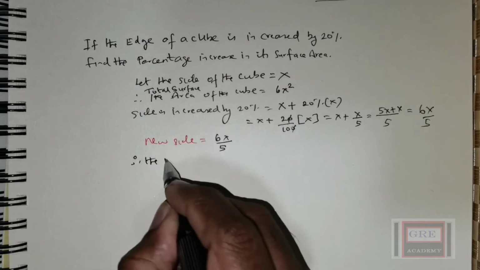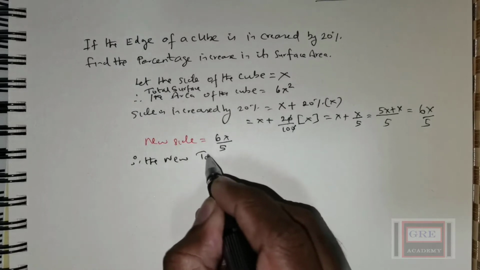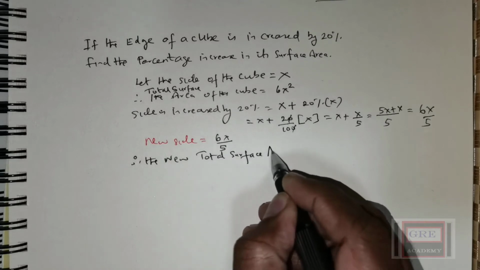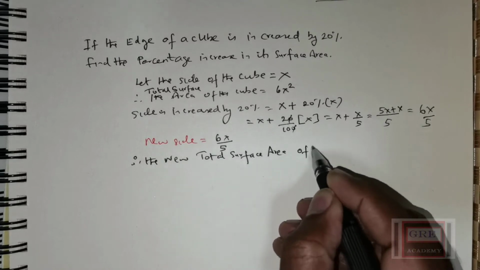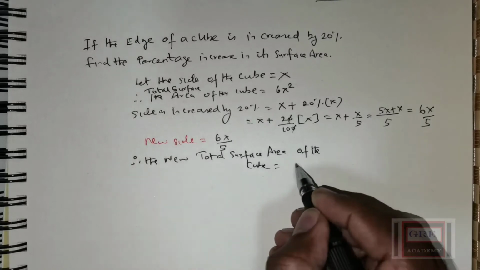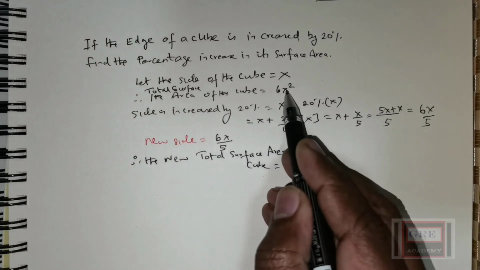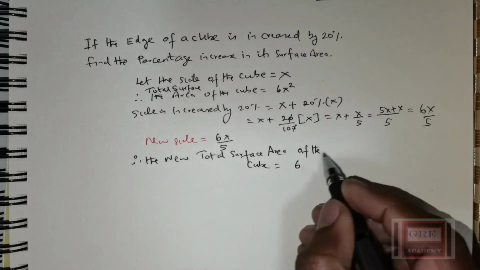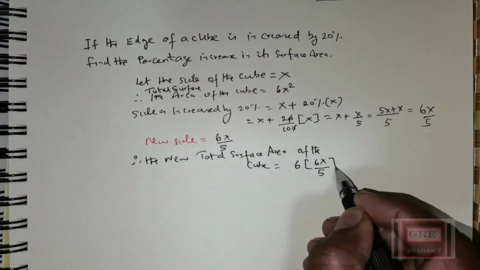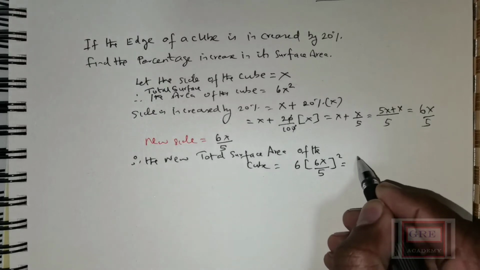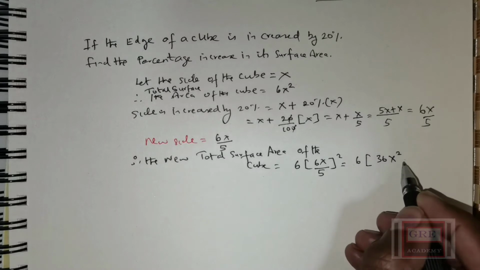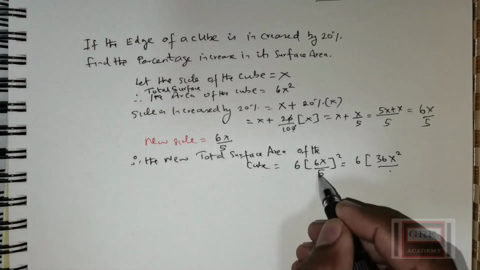Therefore, the new total surface area of the cube is going to be equal to 6. In place of x squared, we need to substitute (6x divided by 5) raised to the power 2, which is equal to 6 times 36x squared divided by 5 squared.